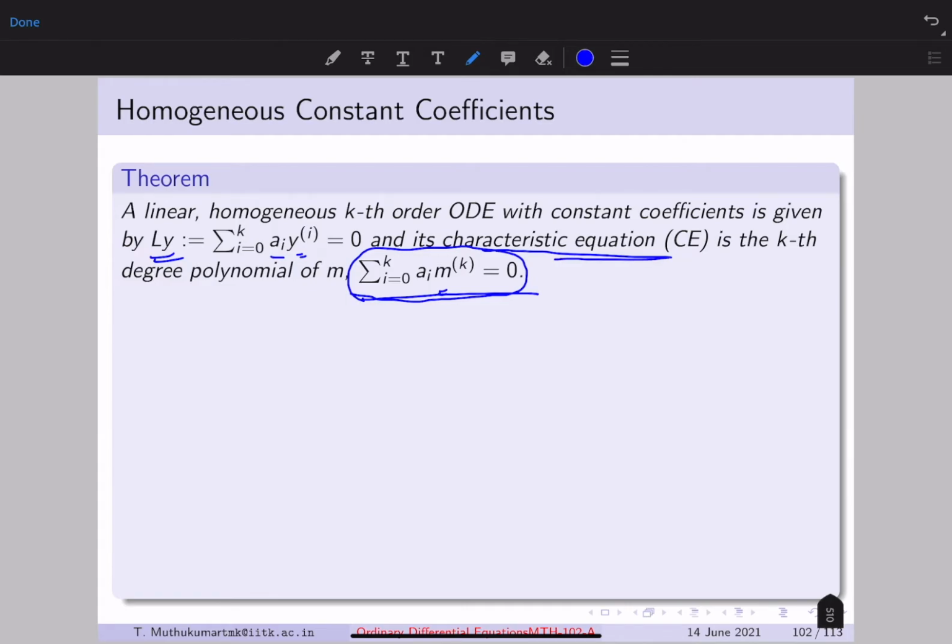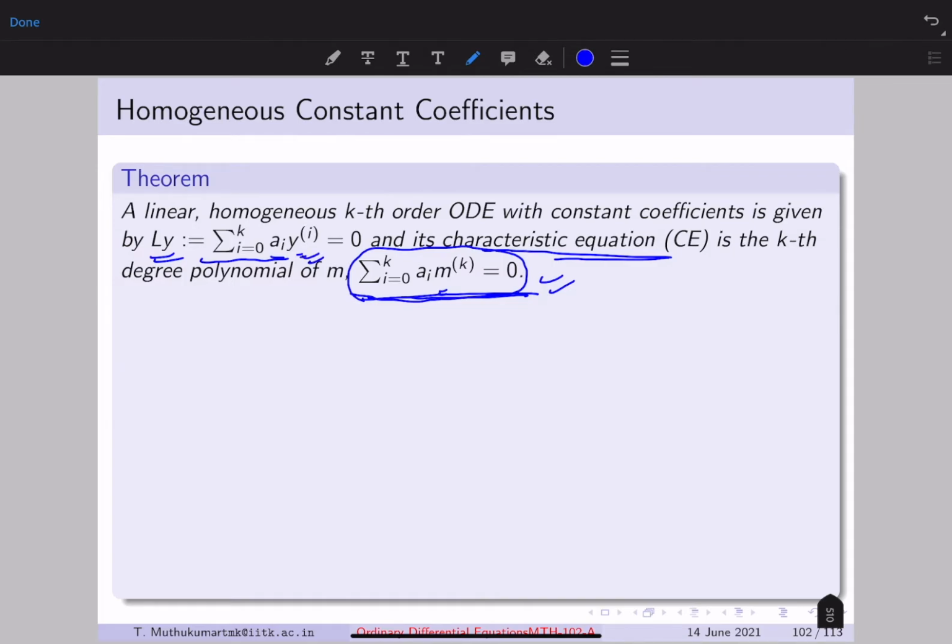So solving this ODE depends on solving this algebraic equation, and you already know solving an algebraic equation is not always an easy thing to do. You probably know up to cubic and in some cases quartic and so on. If you solve the algebraic equation, then using its roots you can characterize the solutions of the differential equation.